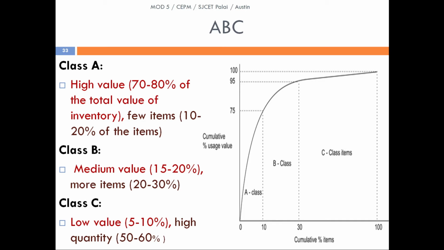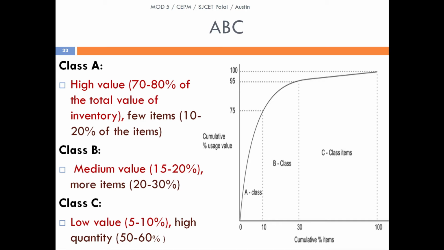As class A suggests, from 0 to 10% of items account for about 75% of the total usage value. The value can shift a bit to the left or right, but generally speaking, class A is explained here: 10% of the items represent 75% of the total value.